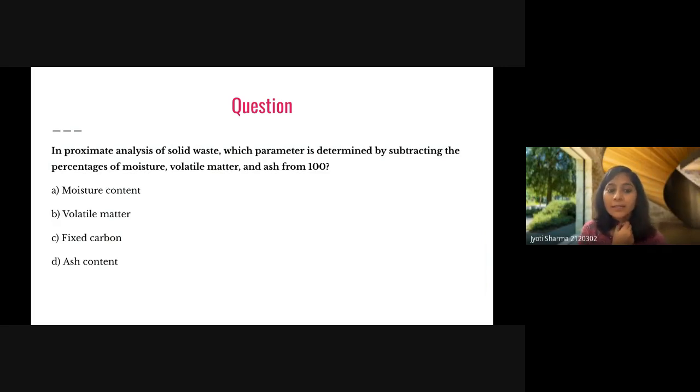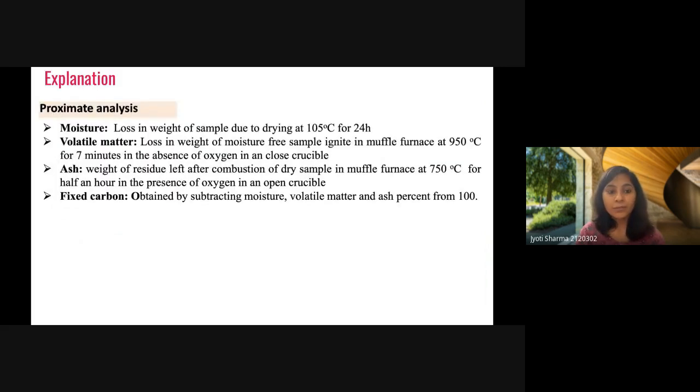Okay, in proximate analysis of solid waste, which parameter is determined by subtracting the percentage of moisture, volatile matter, and ash from 100? So this will be fixed carbon. Moisture is calculated by drying at 105 degrees Celsius.